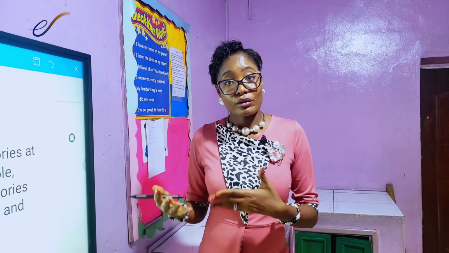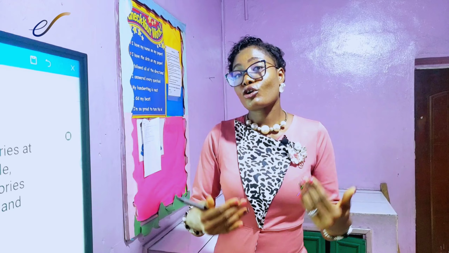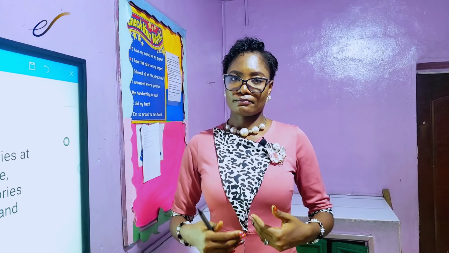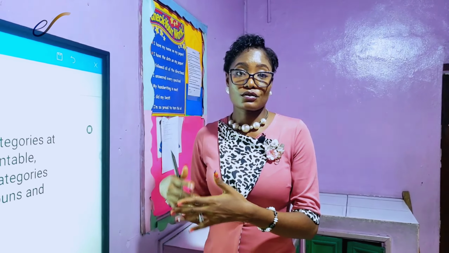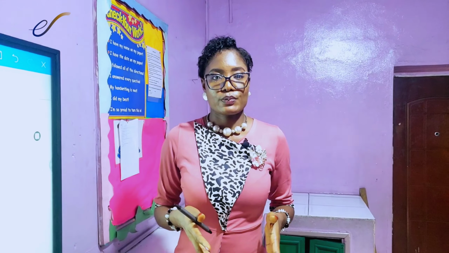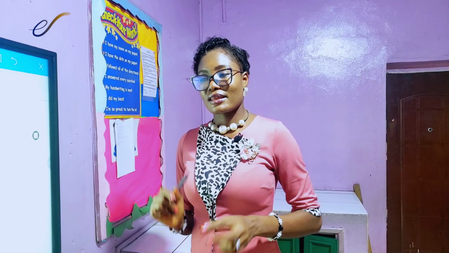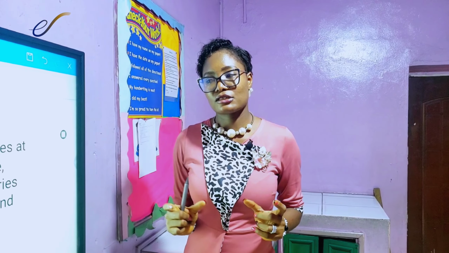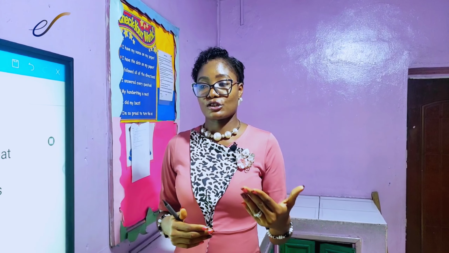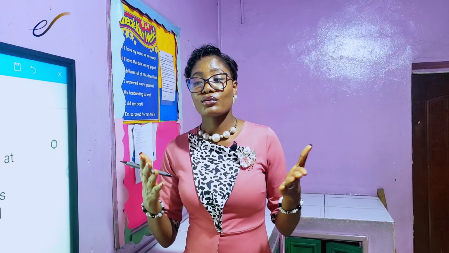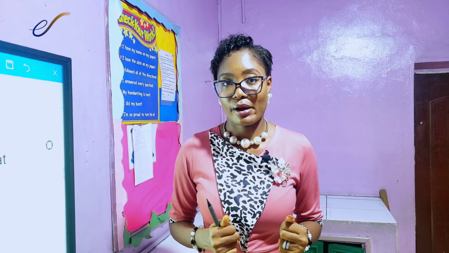That makes it a concrete noun, but it's a concrete uncountable noun. There's so many other nouns in that category that can find themselves in different groups. So it's really important that you understand the different categories because that will help you to better understand the function of nouns and how they are used in English grammar.